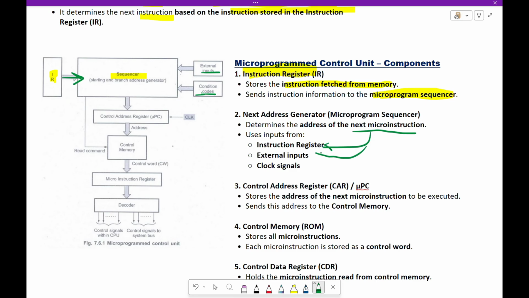These things are responsible for the generation of new inputs.